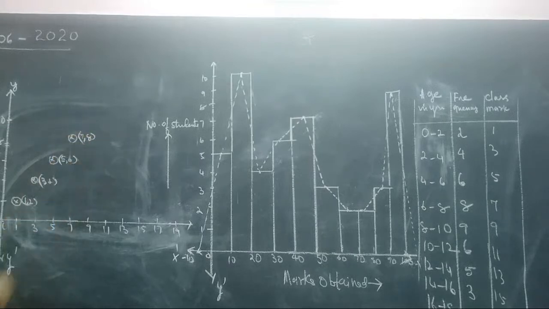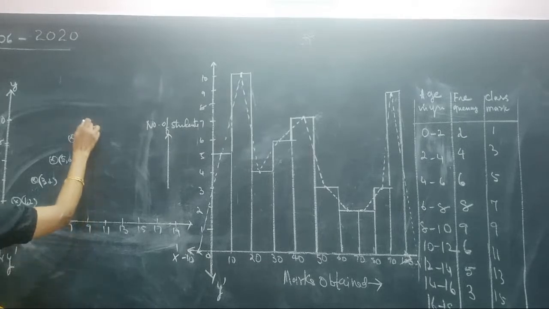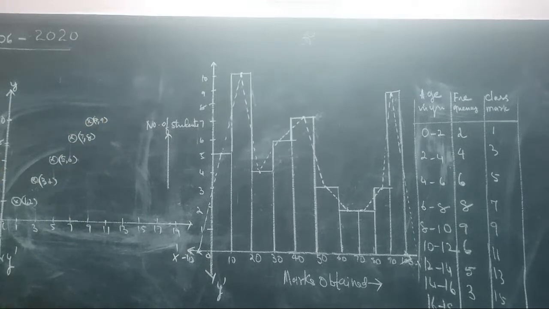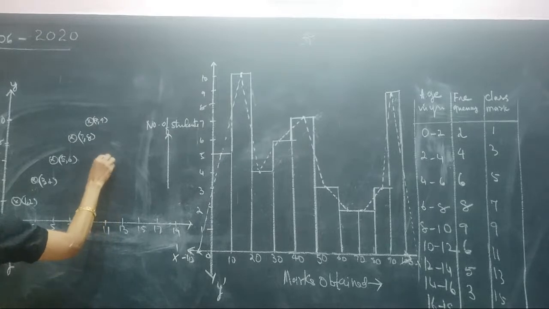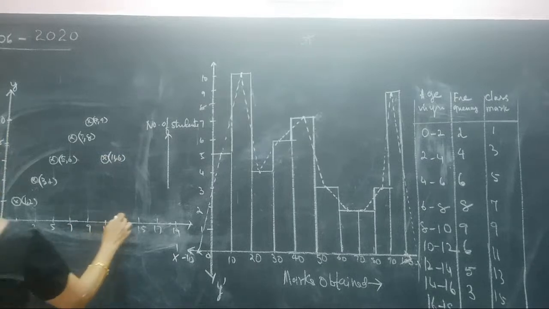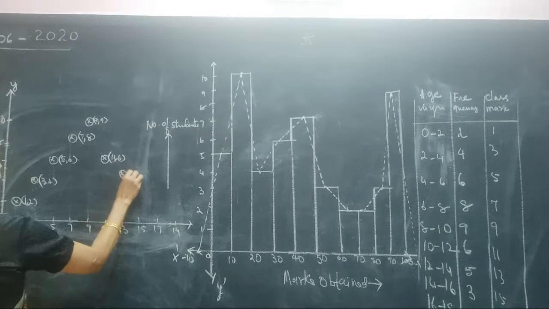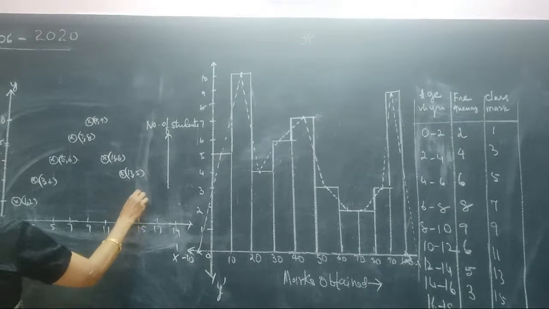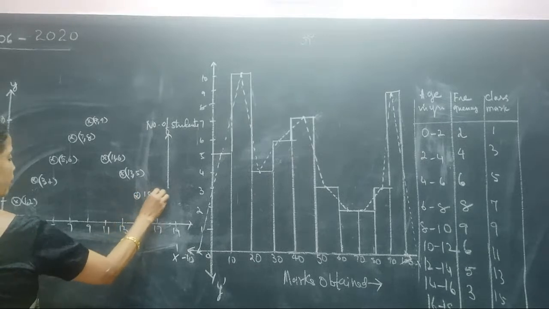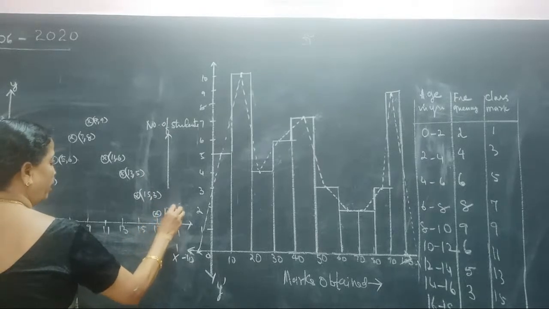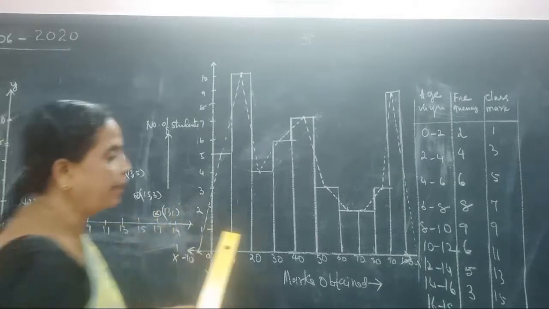I am writing each mark along with its order pair. 9, 9. Then 11, 6. 13, 5. 15, 3. 17, 1. So this is the way where we are not using the base histogram. It is only a frequency polygon.